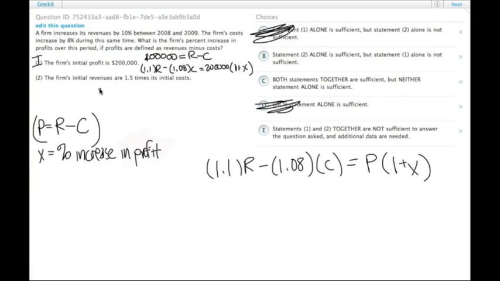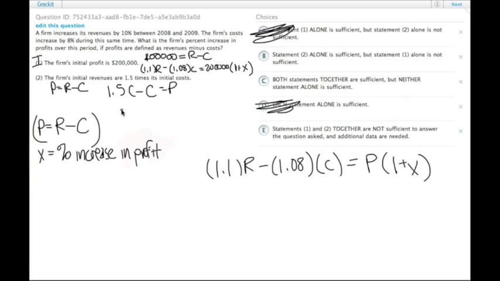Statement 2 tells us that the firm's initial revenues are 1.5 times its initial costs. This is helpful. So we have the equation P equals R minus C, as always, which we can then transform: the revenues are 1.5 times the costs. So 1.5 times the costs as revenues minus the real costs, which are just costs, equal the profit.